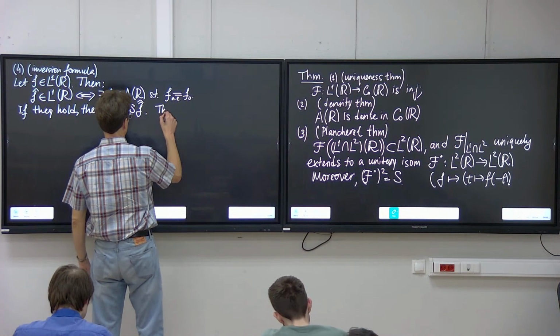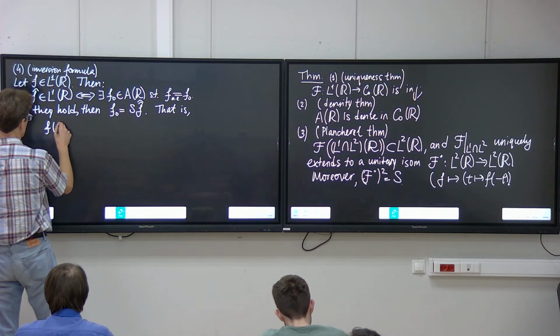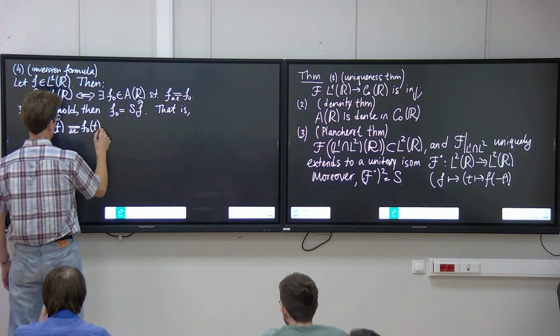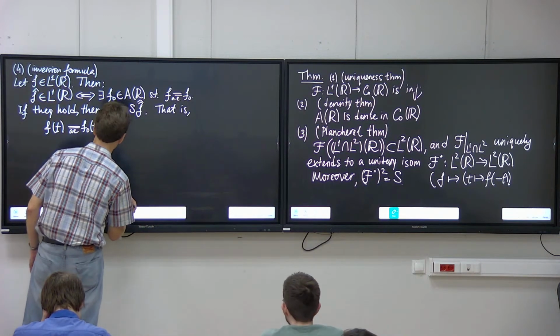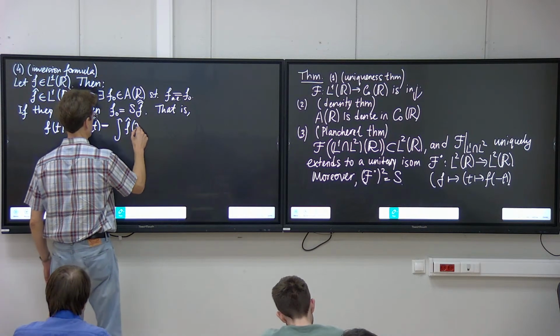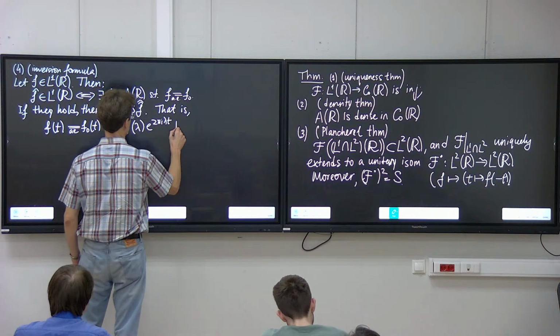So in other words, this means that we have the following formula: f of t is almost everywhere equal to the integral of f hat of lambda times e to the 2 pi i lambda t.